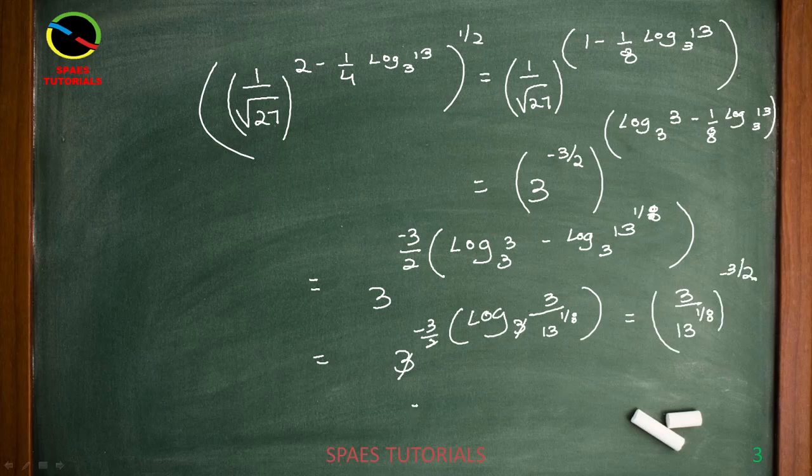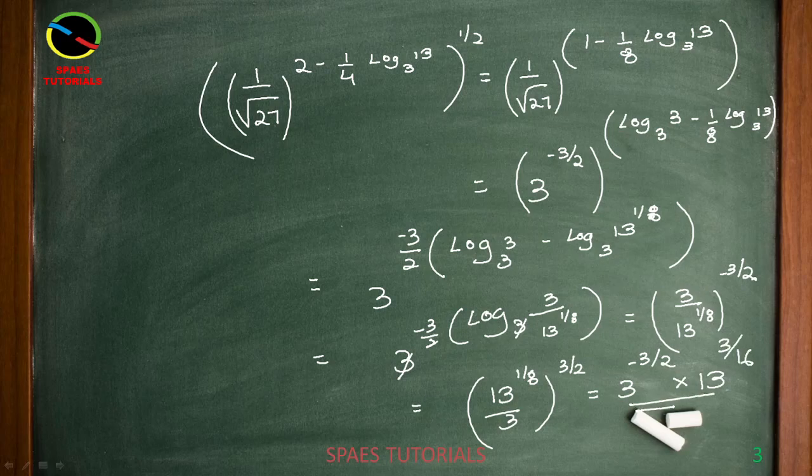If I apply the minus, it becomes 13 power 1 by 8 by 3, whole power 3 by 2. Let's distribute it completely: it becomes 3 power minus 3 by 2 into 13 power 3 by 16. We cannot simplify this any more. This is the final answer for the question. Is that clear?